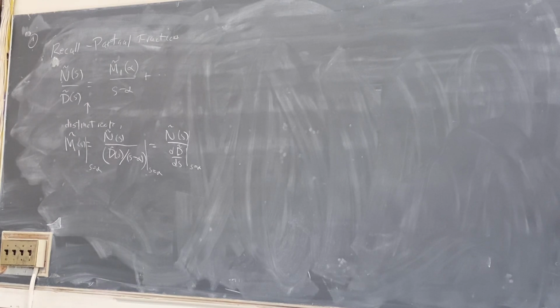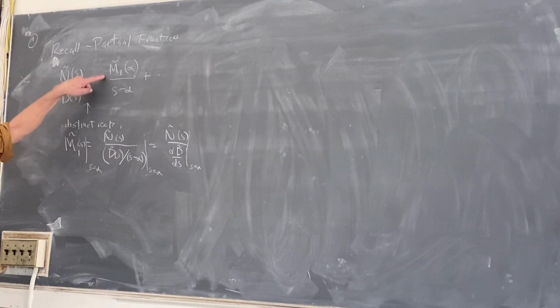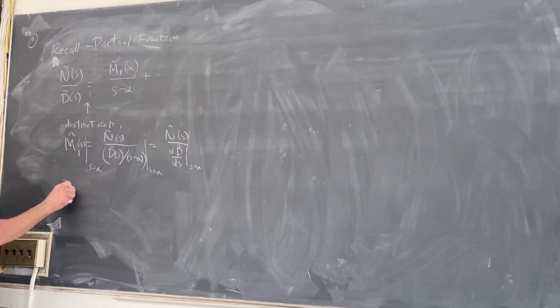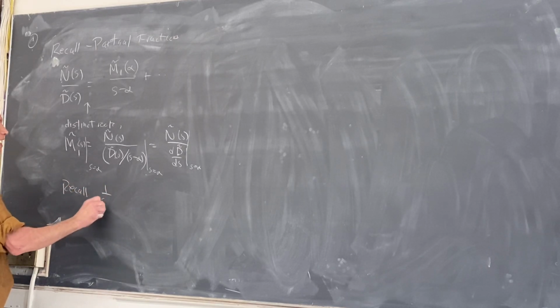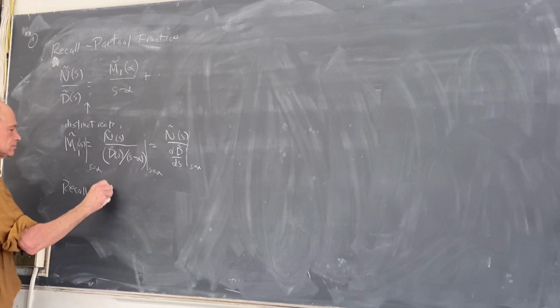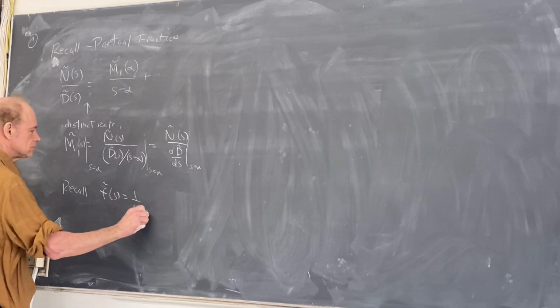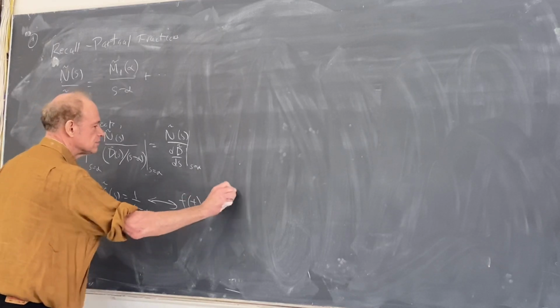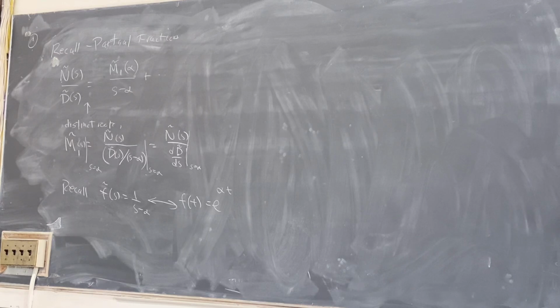You have this in your notes, right? I want you to notice that the stability only depended on this, because recall 1 over s minus alpha, if this is f tilde of s, corresponds to f of t equal to e to the alpha t. And we found similar things for multiple roots and for complex roots.